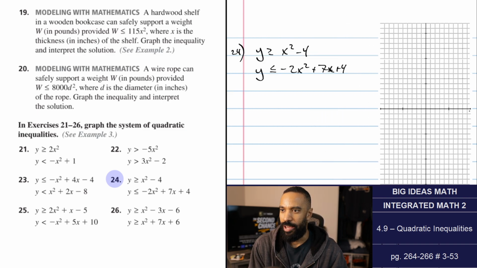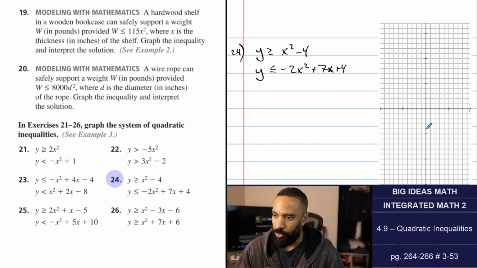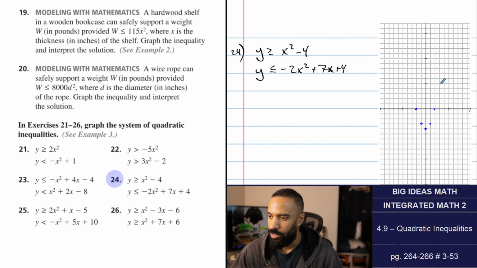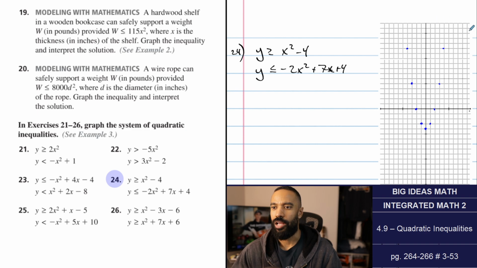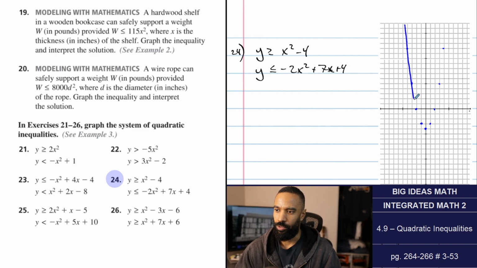So x squared minus 4 for the top one, I'm doing in blue. It's got a vertex right there and a stretch factor of 1. So let me kind of just get that on. Negative 4, right? So up 9 and 16. Okay. Solid line, we will be shading above. Ultimately.